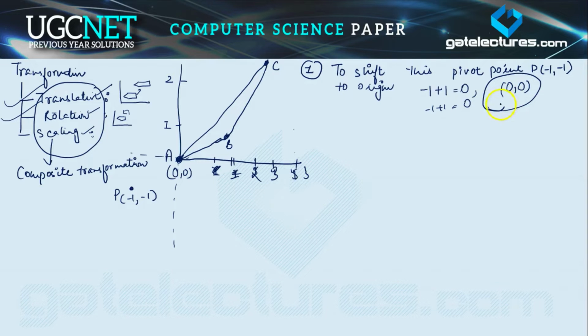Now the translation matrix for this is, because we applied the transformation on this, you know that the translation matrix is 1 0 0, 0 1 0, 1 1 1. This is a translation matrix. I have already discussed translation matrix in computer graphics, right? So this is a translation matrix. The first time I used this translation matrix because I shifted a point from a particular position to the origin, right?